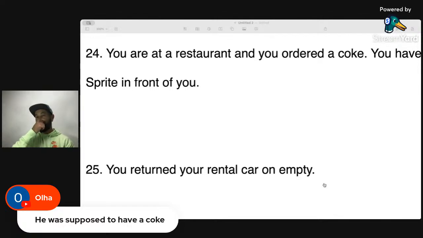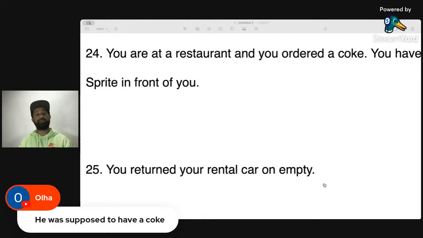Now, I don't know if anybody has rented a car before. If you have rented a car, maybe you understand this situation. If you have never rented a car, most car rental companies don't want you to return the car on empty.